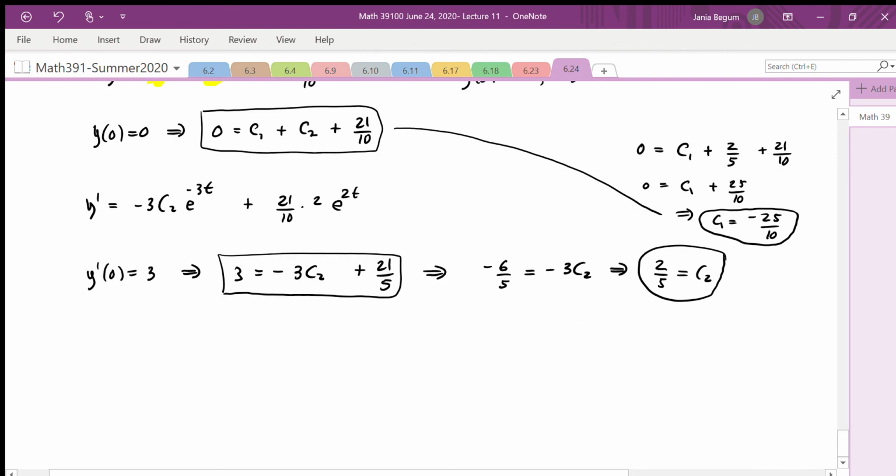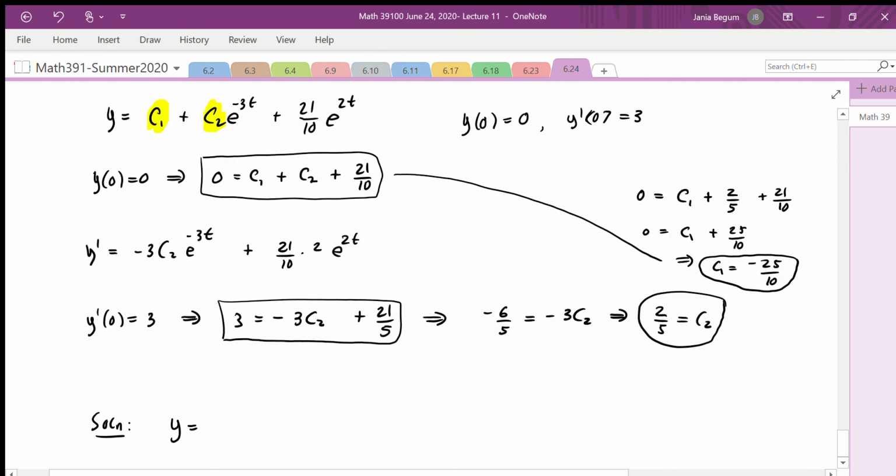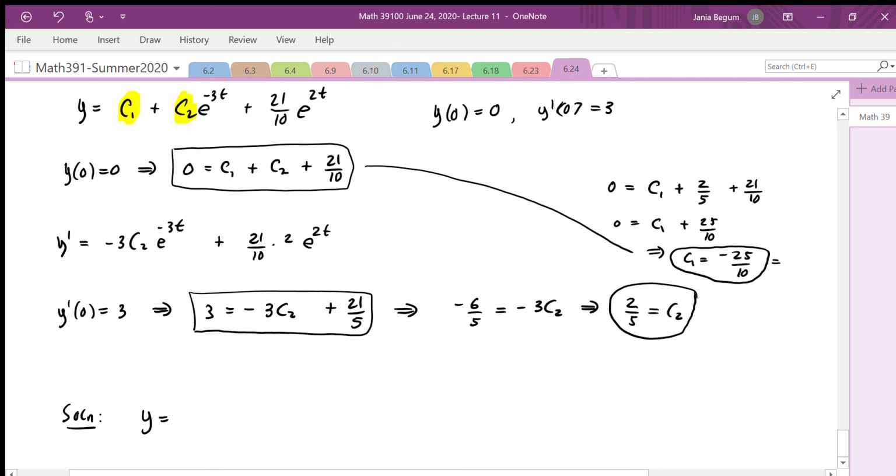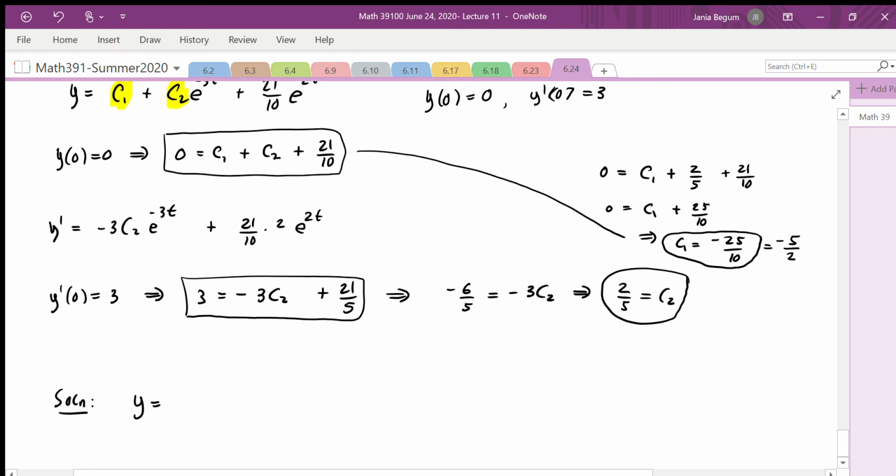So we have our solution. Our solution to this initial value problem is going to be y equals C1, which we computed as negative 25 over 10. I can simplify that to negative 5 over 2. Yeah, that looks right to me.